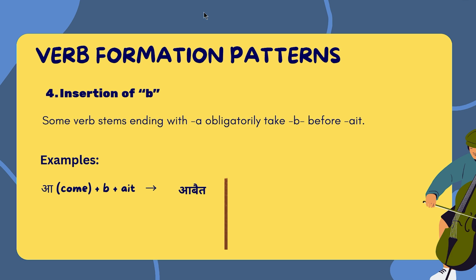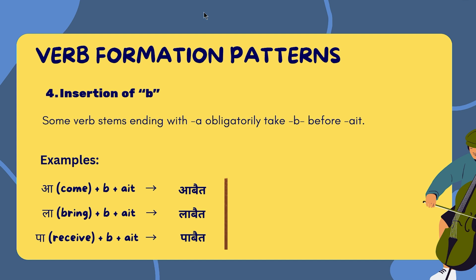So abait. When we have to say he is coming, we'll say o abait. Then la, which is bring, becomes labait. Okay, and pa, receive, becomes pabait. Ham paisa pabait chhi. I receive or I get money.